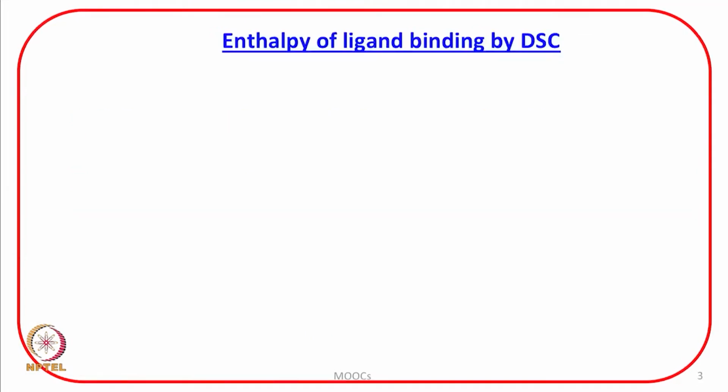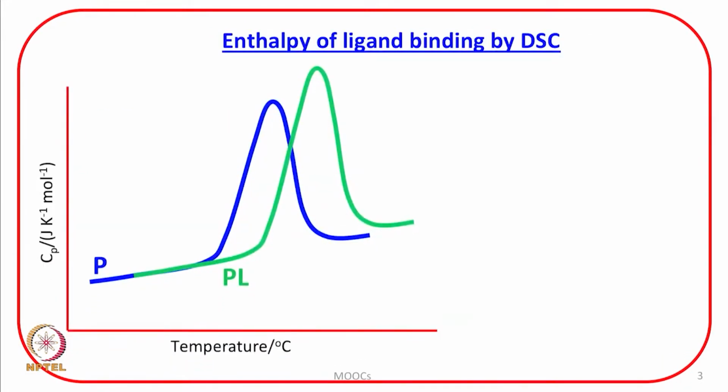And in one of the previous lectures, when I was discussing how to get the enthalpy of ligand binding by DSC, we showed these kind of transitions, that is, if protein is only in the native form, it will show this kind of thermal unfolding, and if it is bound with the ligand fully saturated, PL will appear at a higher temperature.